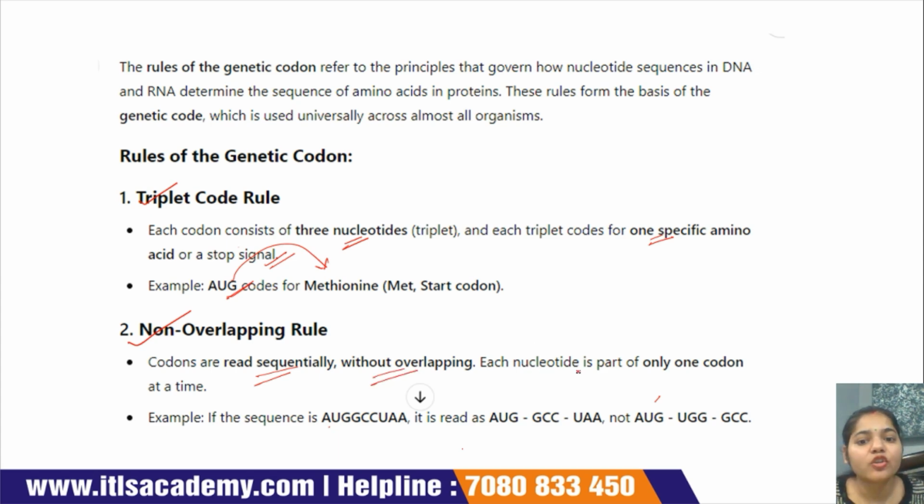Each nucleotide is part of one codon at a time, like this: AUG, GCC, GGG, UAA. We can't read it like this: AUG, UGG, GCC. This is the wrong form because here the codons are overlapped.